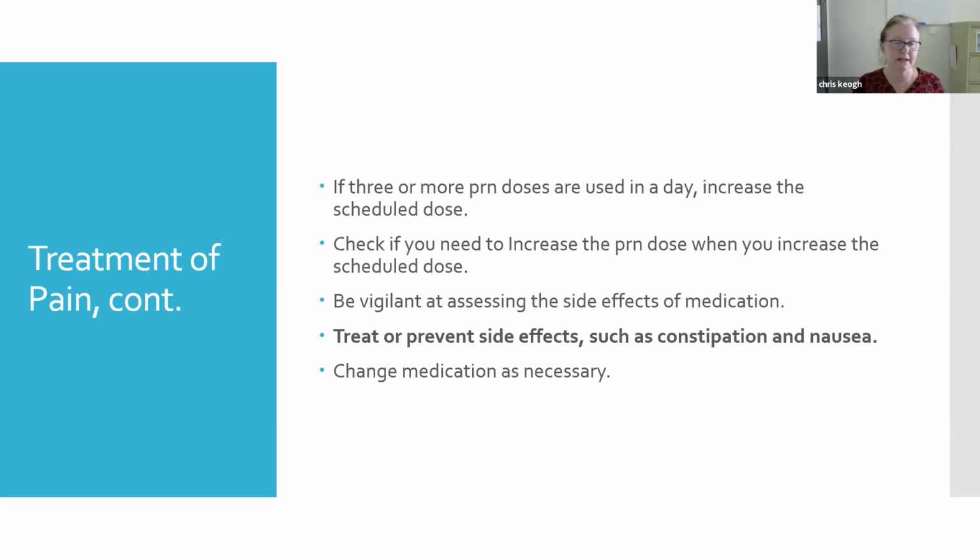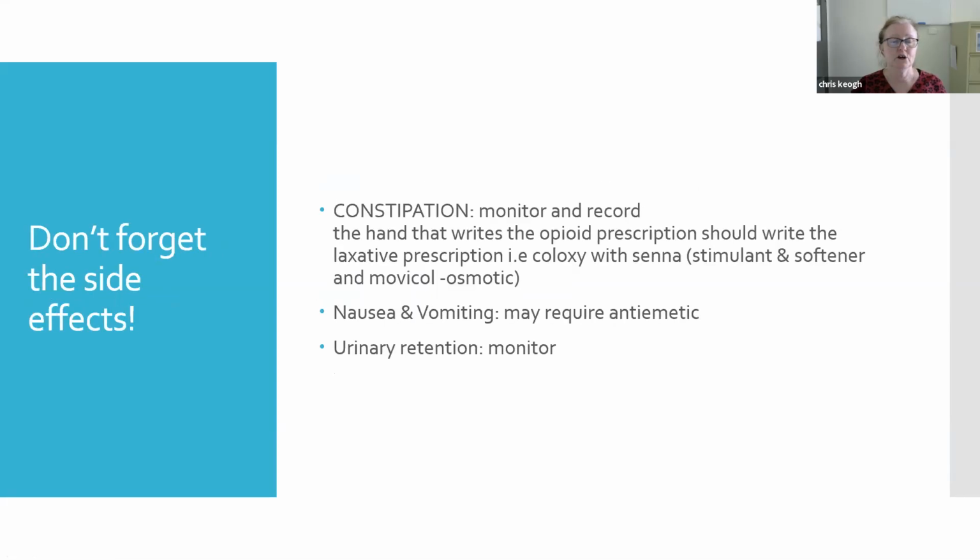And some people get extremely nauseous with opioids, not everyone. So just to be aware of that, if we need to, we will start them on an anti-nausea. And if the side effects are too significant, we should change the medication. So it's just another reminder not to forget the side effects.